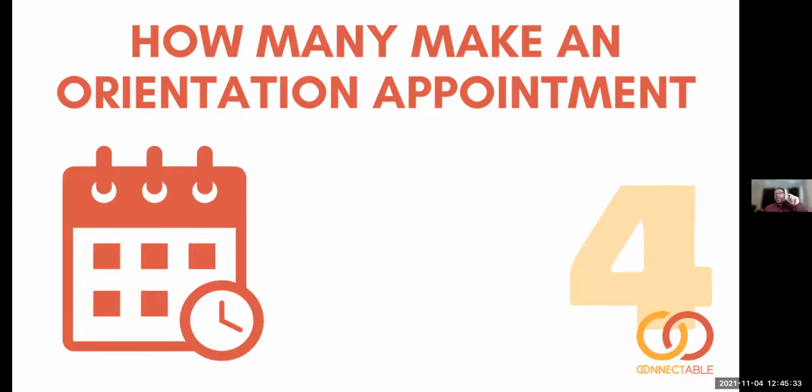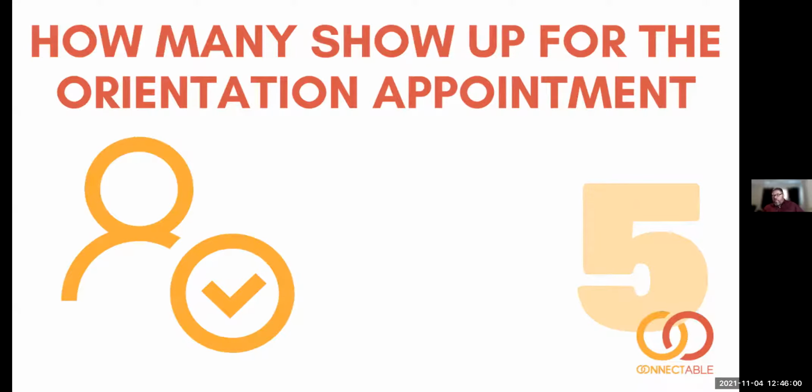And for the 25% that don't do that, we have very quick mechanisms where we can go right back to them and message them to come back in. And we usually find within about 24 hours, about 30 to 50% of them have gone through and completed it. And so what you're doing very quickly is plugging a hole. So are they making the orientation appointments? Again, yes, we can make that easy for you.